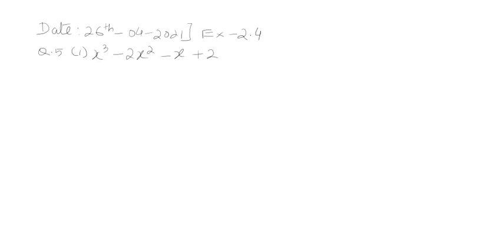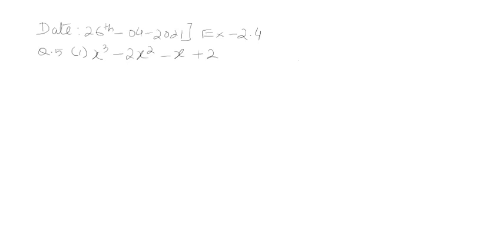So now what we have to do, because when we factorize, obviously we get 3 factors, like 3 brackets will come, right? So one of the factors we have to find by a method called the hit and trial method. Now what the hit and trial method is, is that we will be trying to find a zero of this polynomial. A zero of this polynomial means a value of x such that if I replace x with it, this entire polynomial will become 0.